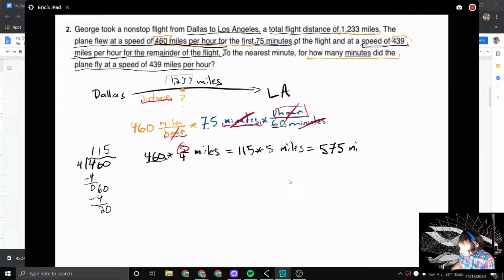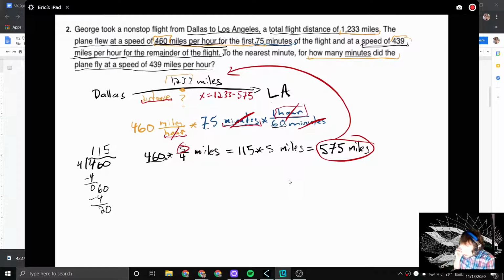575 miles. Now we're going to take this, we're going to subtract it from this and get this distance here. So this is 1,233 minus 575. And this is a calculator portion of the test. And just to show off the calculator, why don't we do that?